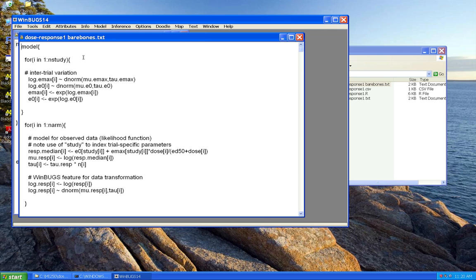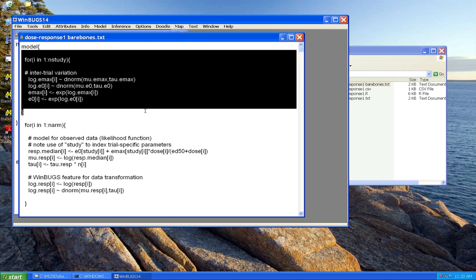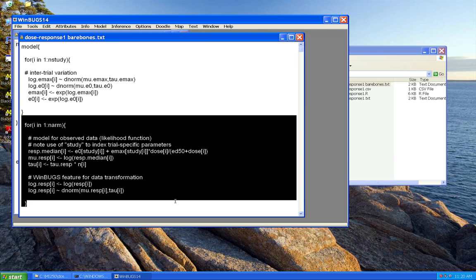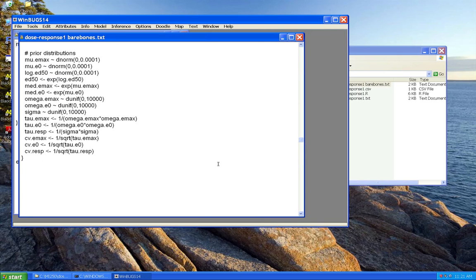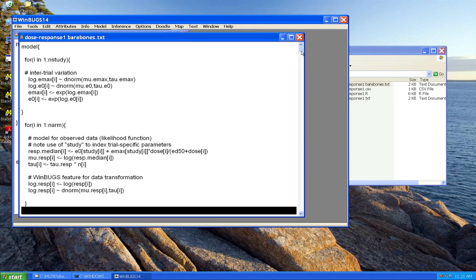You can see our loop here for our intertrial variation, where we generate the random effects for our trial specific parameters for Emax and E0, and then here we loop over the arms to describe our likelihood corresponding to our sample means for all the treatment arms. And as we scroll down, then we've got all the prior distributions that we just looked at. So that's exactly what we had there.